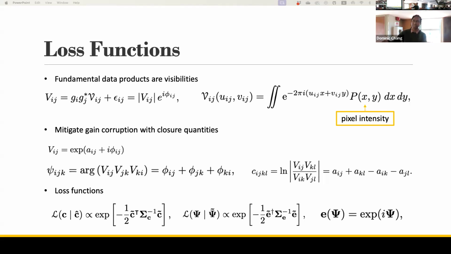But the psi ijk does not depend on whether things are perfect or not. So things can be imperfect and the psi ijk will be the same. Maybe I misunderstood the question, sorry. Okay, I see. So the Gij can be whatever they want, and the psi jk will remain the same. It's invariant under gain errors. Exactly, yes.